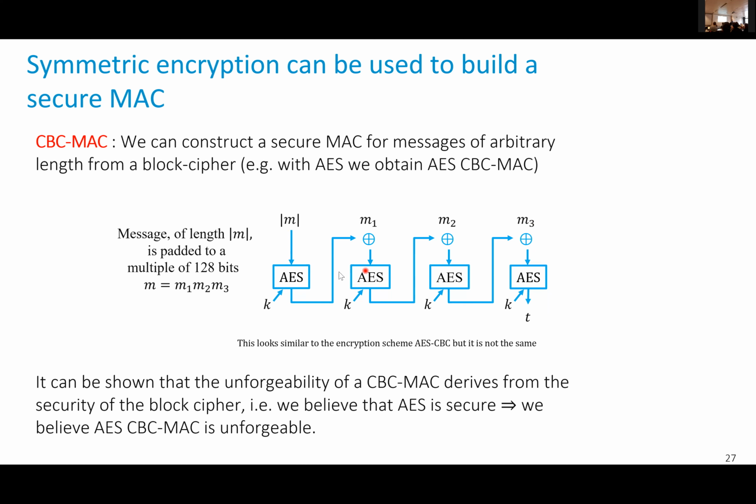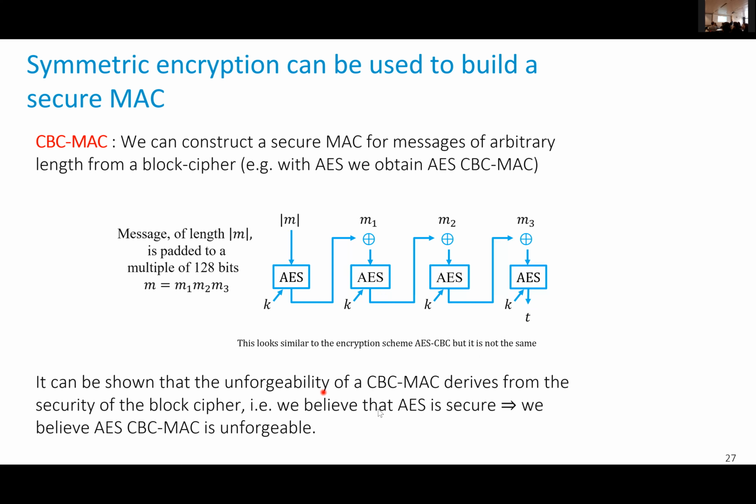And it can be shown that if you have an encryption system that is secure, in the sense that it's not possible to infer anything about the plain text simply by observing a sequence of ciphertext, then it also provides a secure MAC system, in the sense that it is not possible to forge a message and a tag that correspond to what we want without knowing the secret key.